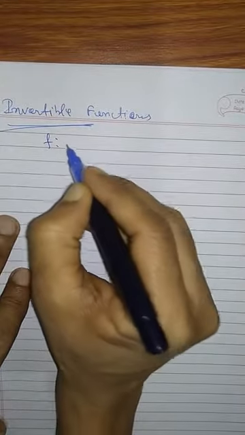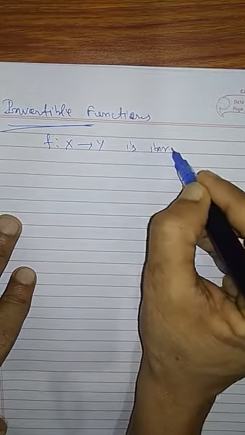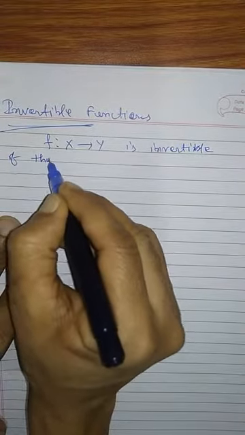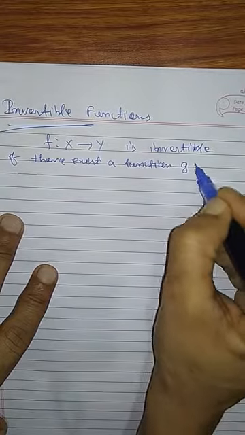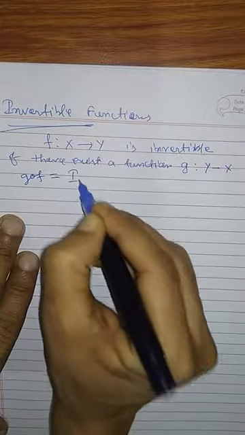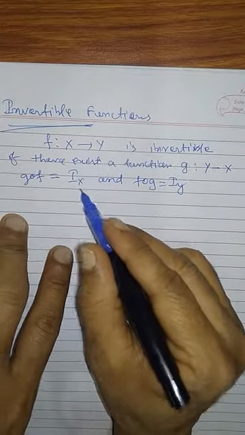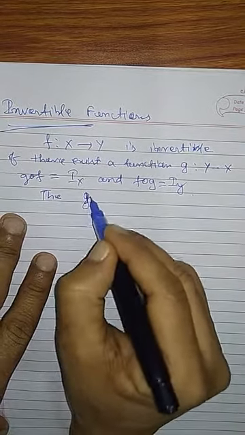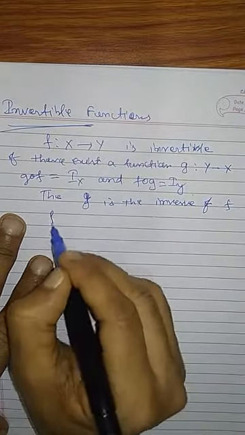A function f from X to Y is invertible if there exists another function g from Y to X such that g of f is equal to Ix as well as f of g is equal to Iy, where Ix is the identity function of X and Iy is the identity function of Y. The function g is the inverse of f, which is denoted as f inverse.